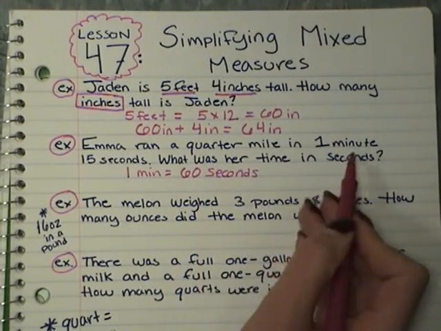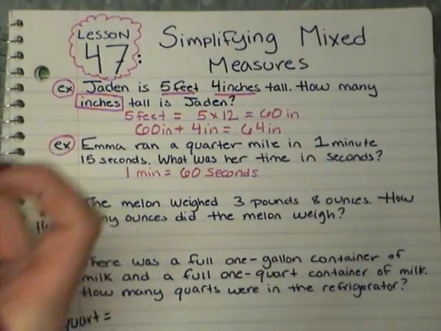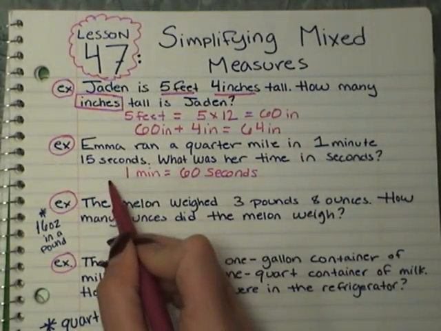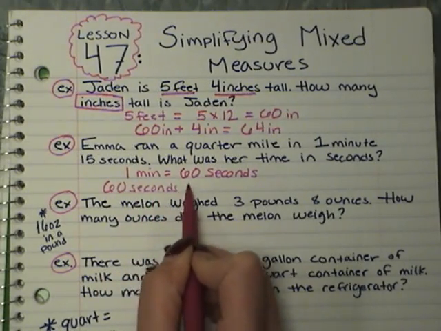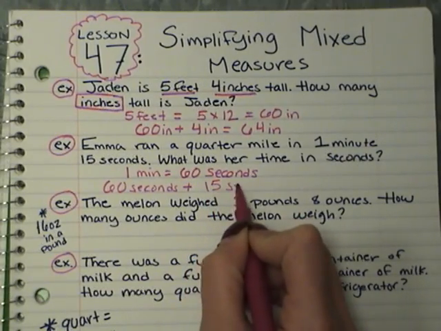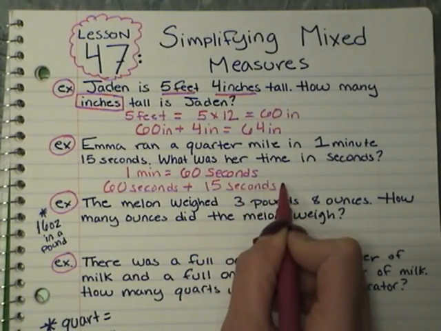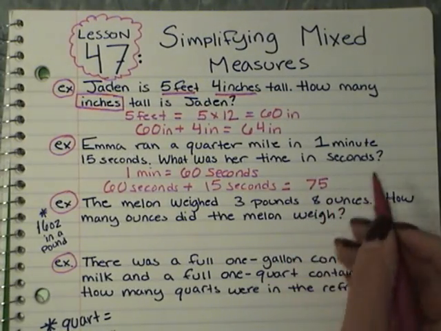So I'm taking 1 minute and 15 seconds and combining them to get my total amount of seconds. So 60 seconds plus 15 seconds gives a total of 75 seconds.